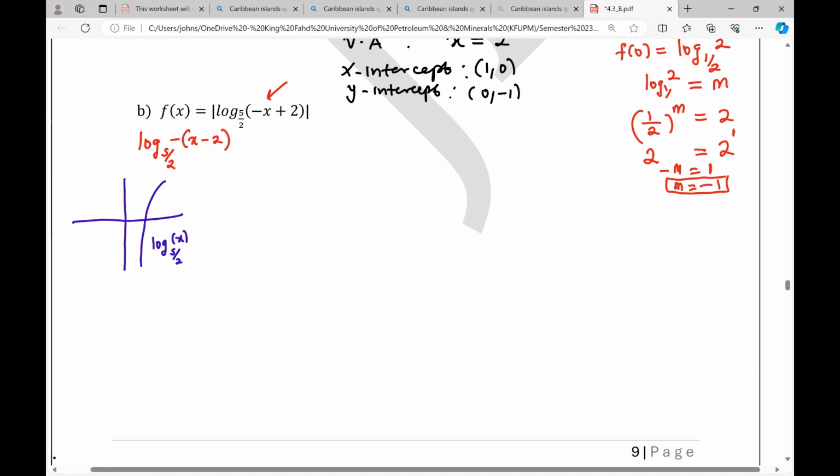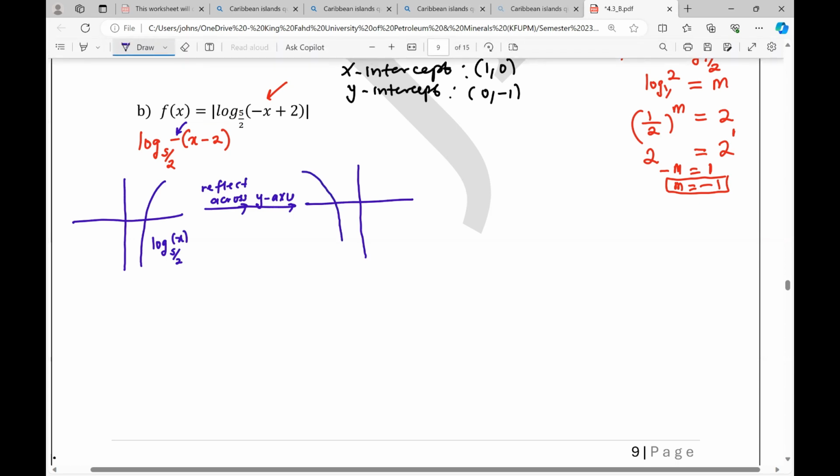Now, because you have the minus here, we can do a reflection across the y-axis. And that will simply become something like this. Let's go a little bit closer.